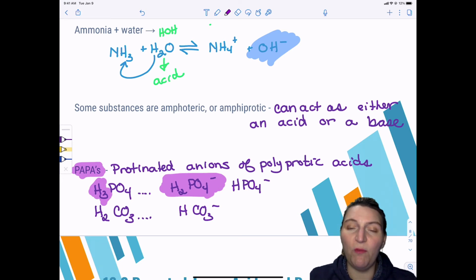So H2PO4 minus could gain a hydrogen and reform phosphoric acid, or it could lose another hydrogen and become HPO4 2-. HPO4 2- is also a papa, because it could gain a hydrogen and become H2PO4 minus, or it could lose another hydrogen to become the phosphate ion. So these will often be used as examples of amphoteric substances.